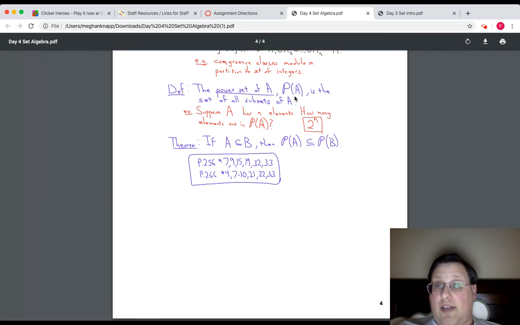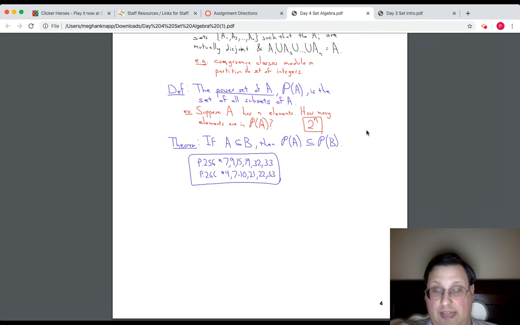The power set of A is the set of all subsets of A. So, for example, if A was the alphabet, we would have in the power set of A a set with one element for every letter, and then we would have all of the possible two-letter combinations of the alphabet, and then a set with all possible three-letter combinations, and we would have different sets for everything that could have been made up of part of the alphabet. That's a lot of sets.